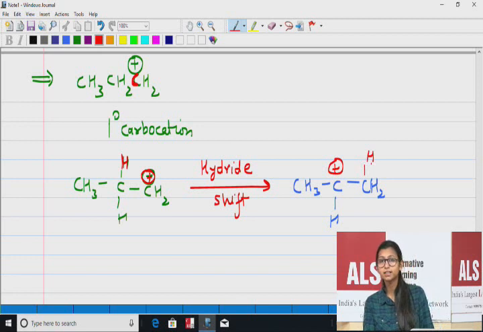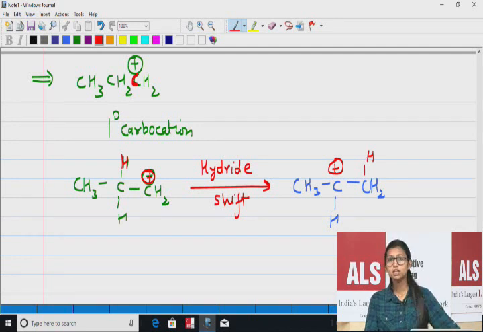Are you people getting it? Now can you tell me which degree carbocation I got? This was the 1 degree. What is the degree of this one which I have drawn in the blue color?